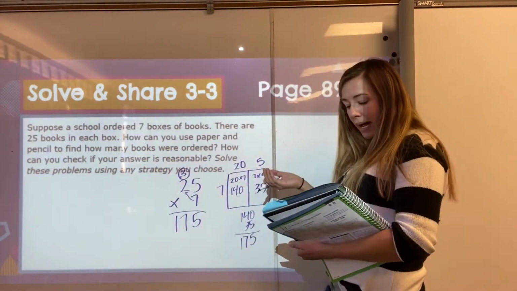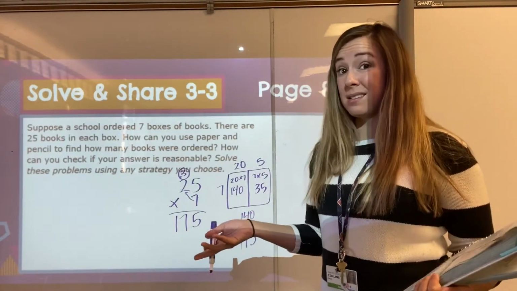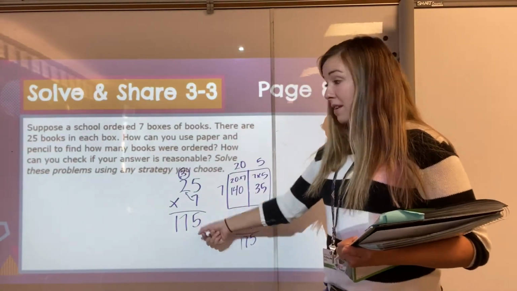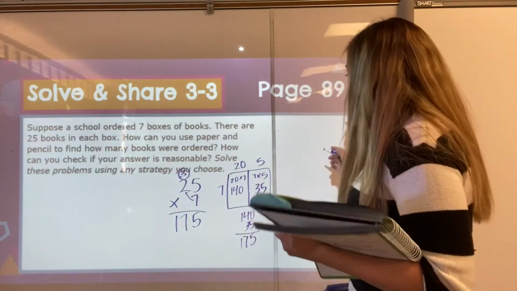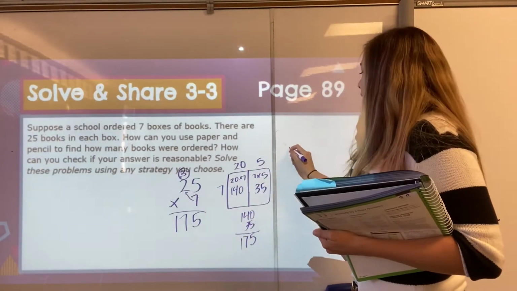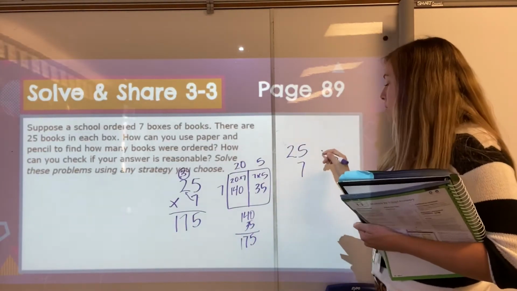Okay, then it wants to know, how can we check if it's reasonable? Well, I think we could estimate to figure out if 175 is a reasonable answer. If we get a close estimation, then yeah, it's a reasonable answer. So I'm going to take 25 and 7, and we need to round.